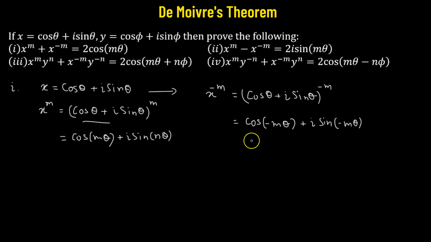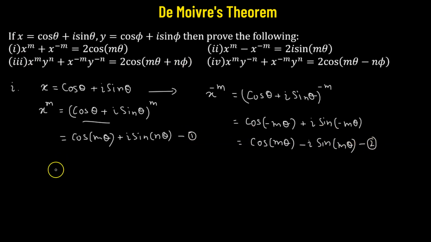Now we know that cosine is an even function, so cosine of negative m theta is simply cosine of m theta. And sine being an odd function, the sine of negative m theta becomes negative sine m theta, which gives us negative iota times sine of m theta. So let's label the first one as equation number 1 and the second as equation number 2.